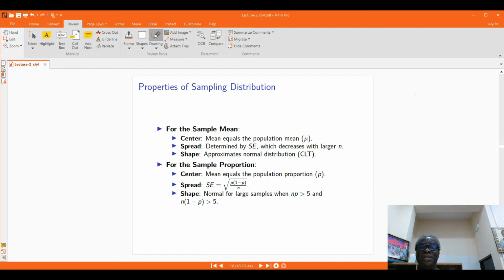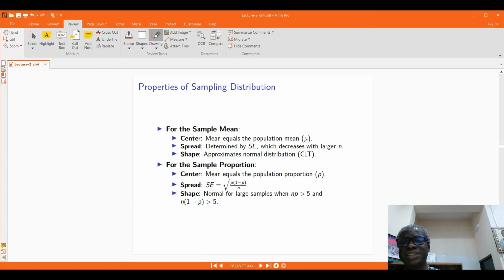So to summarize the properties of the sampling distribution, for the mean, the center is equal to the population mean. Don't forget that. The spread, which is determined by the standard error, decreases with large sample size.